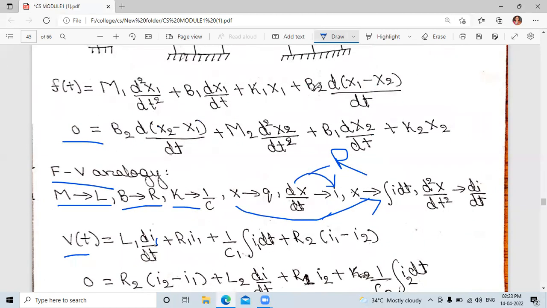B2 is replaced by R2, and dx1 minus dx2 is what we have written as i1 minus i2.